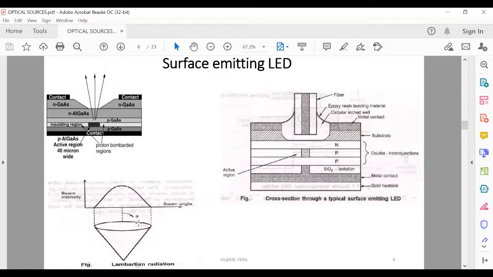So if the power is to be reduced to 50%, half of its peak, then theta must be 60 degrees. And the radiation power decides the coupling efficiency of this type of LED.